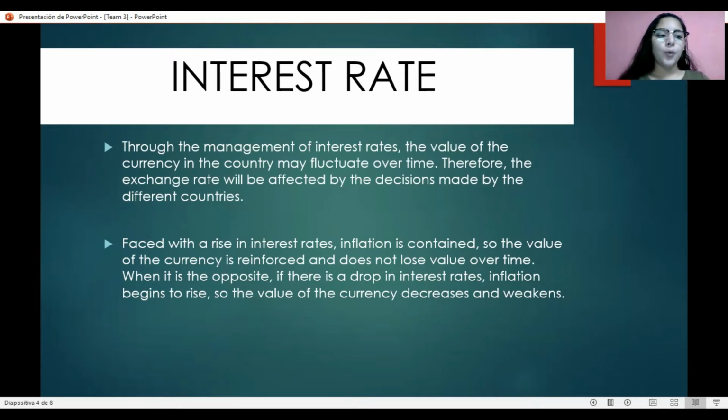And what does this mean? This means that faced with a rise in interest rates, inflation is contained, so the value of the currency is increased and thus does not lose value over time. When is this the opposite? If there is a drop in interest rates, inflation begins to rise, so the value of the currency decreases and weakens.